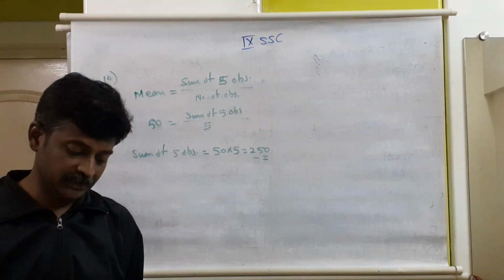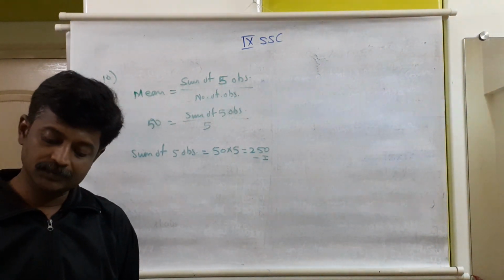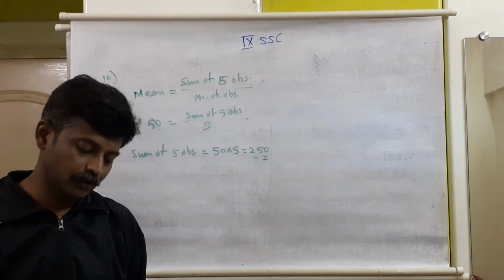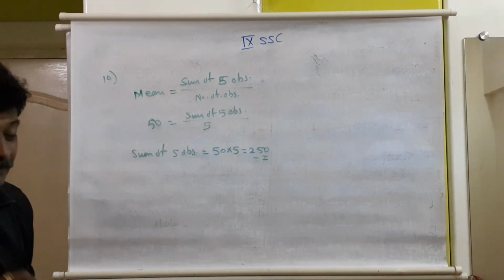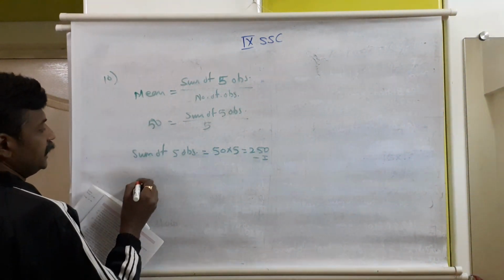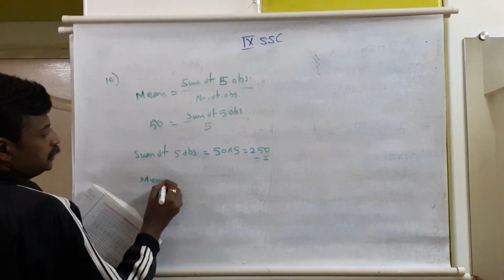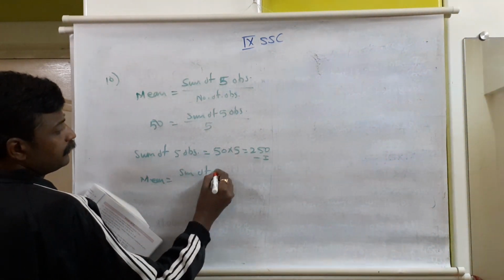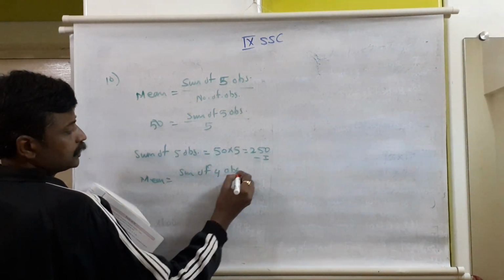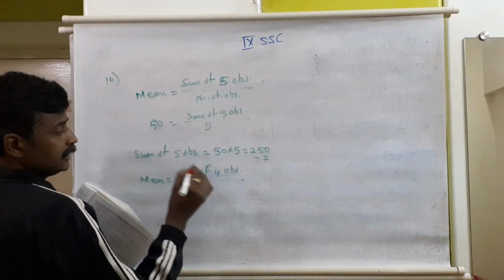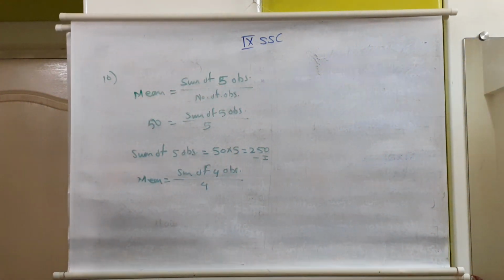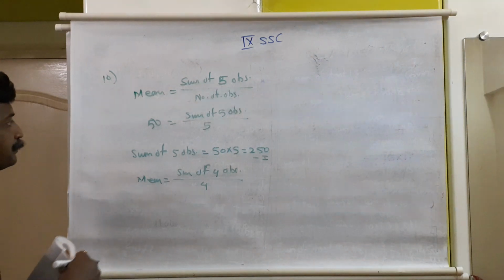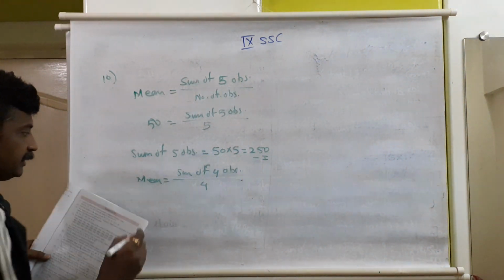Now what happened as per the given information? One of the observations was removed. So if one of the observations is removed, number of observations is 4. By that, again mean is equal to sum of 4 observations, because one of the observations is removed. If one observation is removed, the number of observations remaining is 4, and that mean is given as 45.